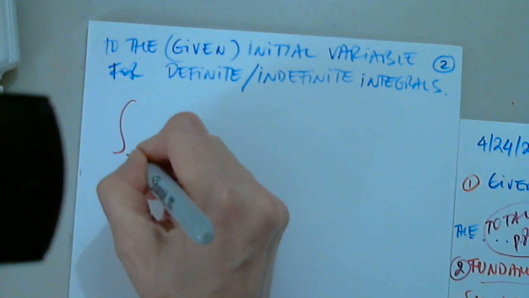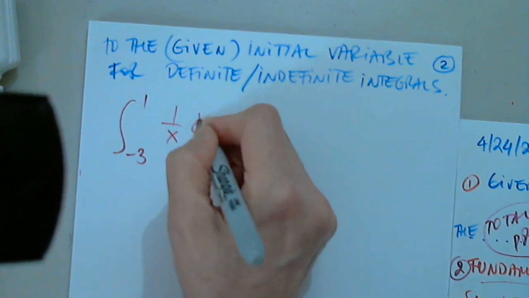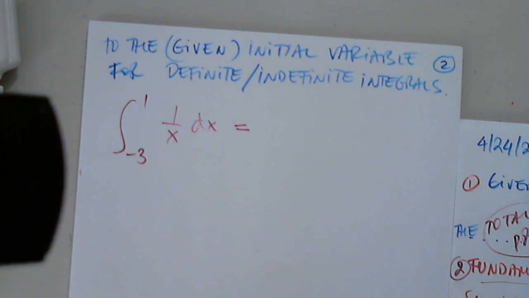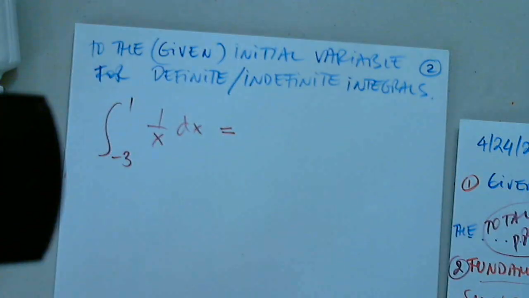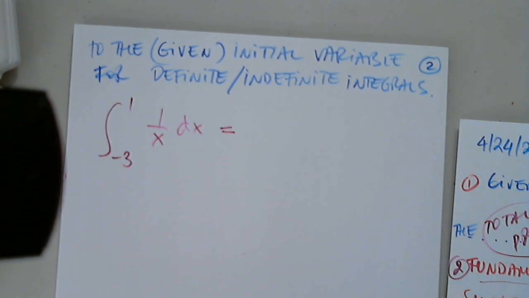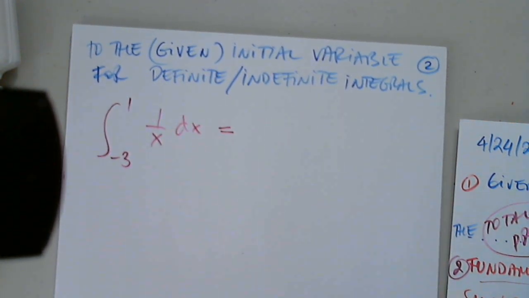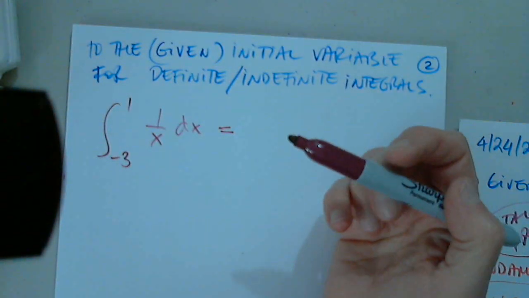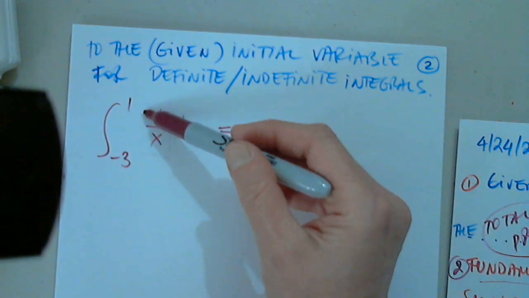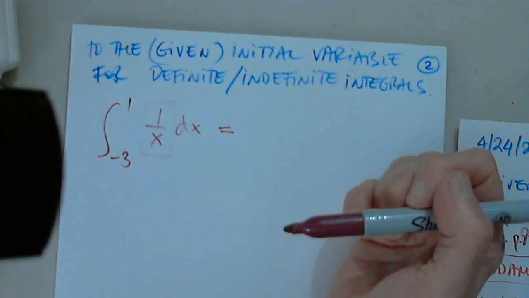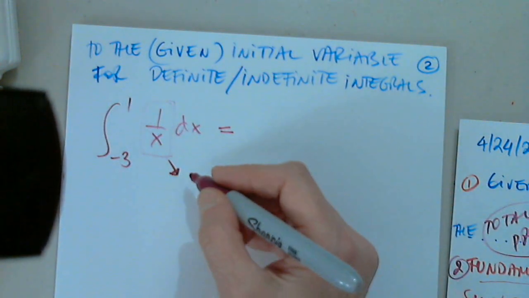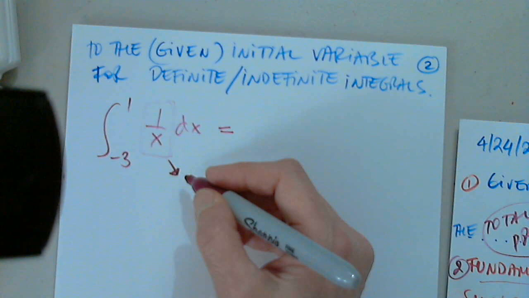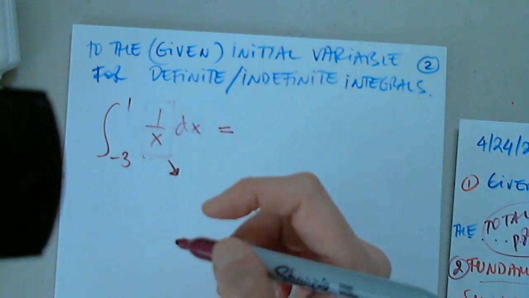So let me give an example. If I have the integral from -3 to 1 of 1 over x dx, can I use the fundamental theorem of calculus? Is it no, because it has -3? What is the problem in 1 over x? Is it because it's ln of x?